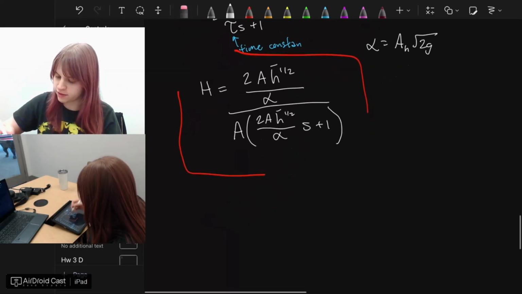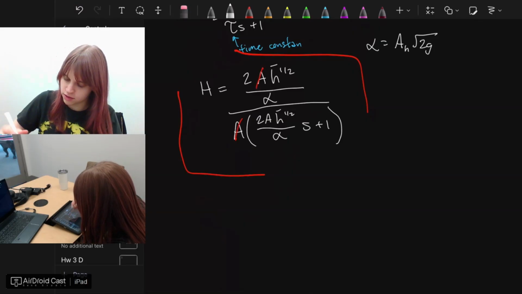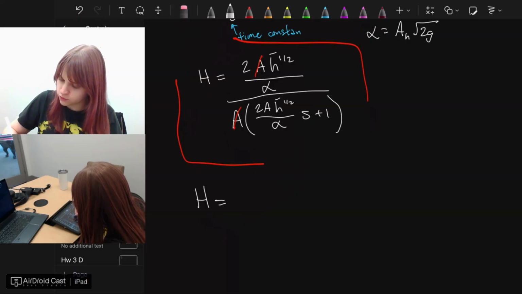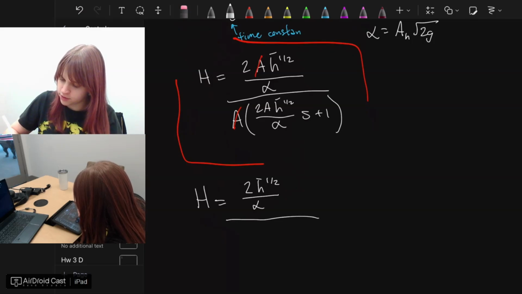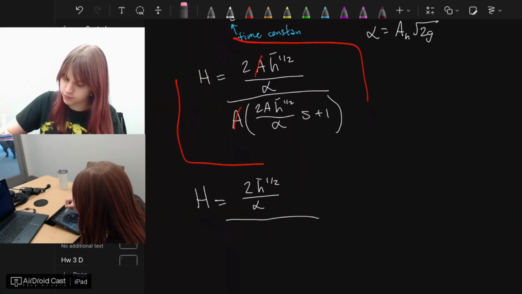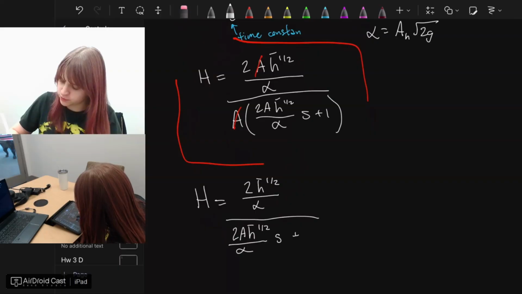And after one final cancellation of these areas, we get that the height is equal to 2 h bar to the 1/2 over alpha, divided by 2A h bar to the 1/2 over alpha times s plus 1.